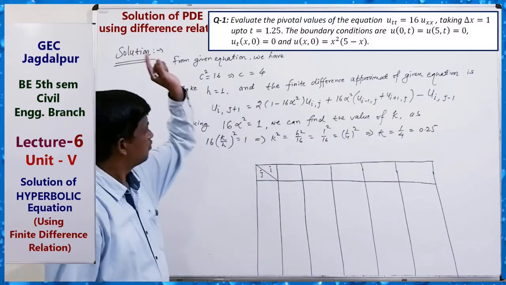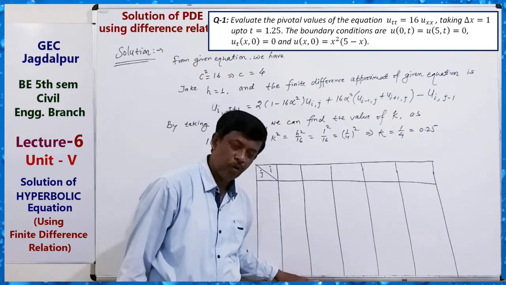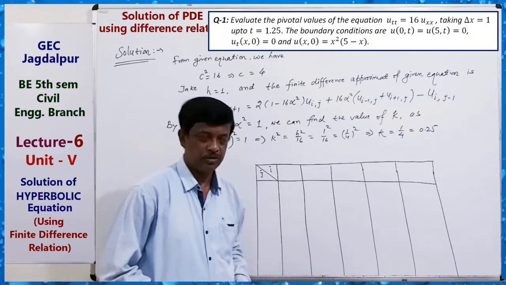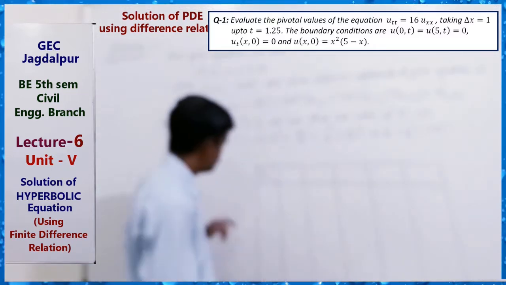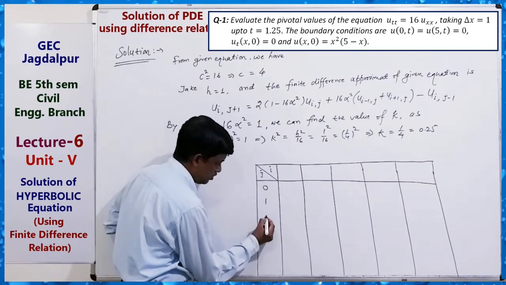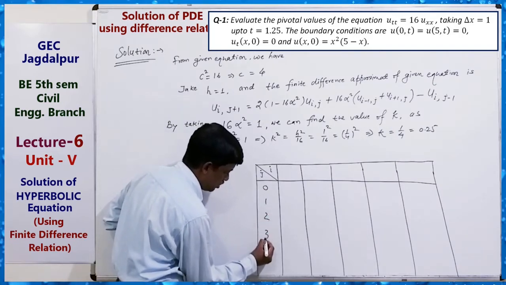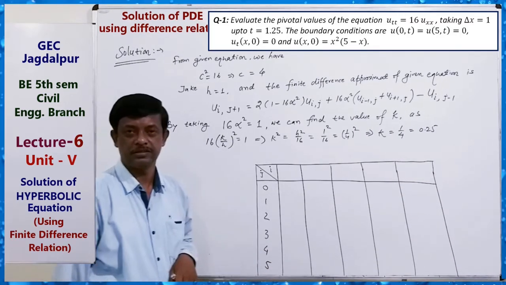For getting 1.25, t equals to, we can proceed up to 5 times. So here the value of j is 0, 1, 2, 3, 4, 5. We can take it like this.